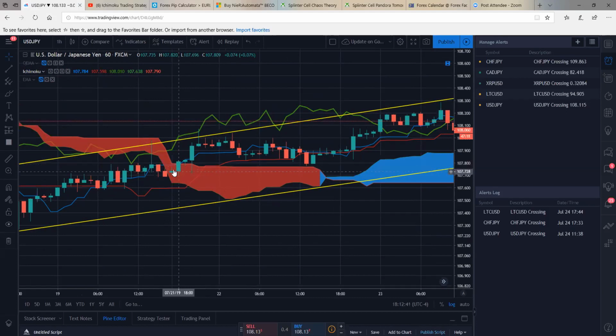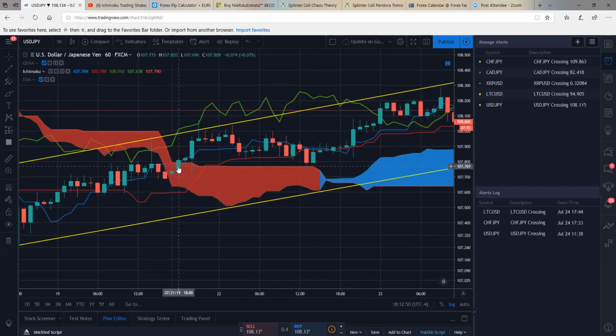Now that we see that inside this red cloud, what I am simply looking for are large candles pushing out of the red or blue clouds to the top side, so I may enter into what is called a buy.